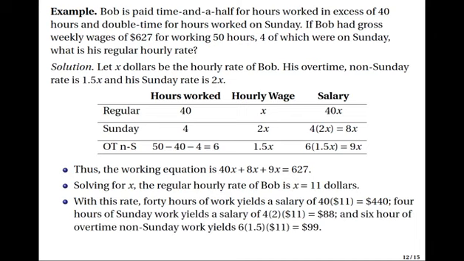And then for the other overtime, 6 hours, you have 11, you are paid 1.5, and then you have 6 hours. And this is equal to $99. So if you add all of them, 440 plus 88 plus 99, you will get 627. So it makes sense. Okay? Questions on this problem?